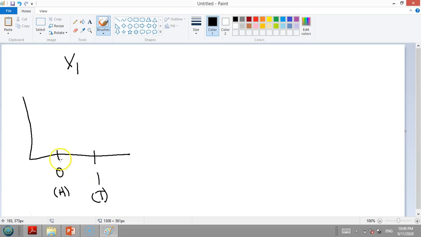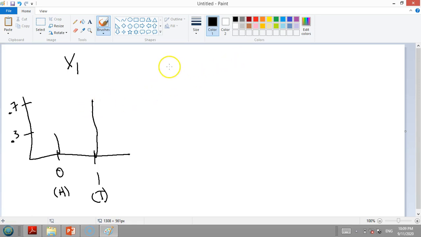Okay, like this. And to get a heads is a 0.3 probability on this one. So 30% chance of me getting a heads. Okay, and to get a tails is a 0.7 probability. Okay, like this. It's almost twice as high. More than twice as high.